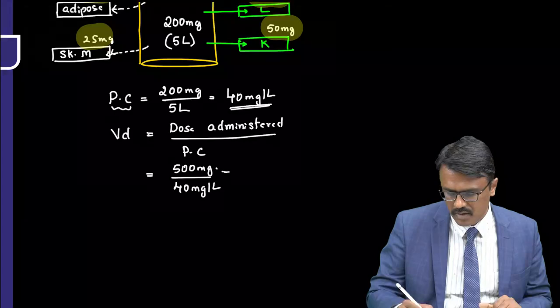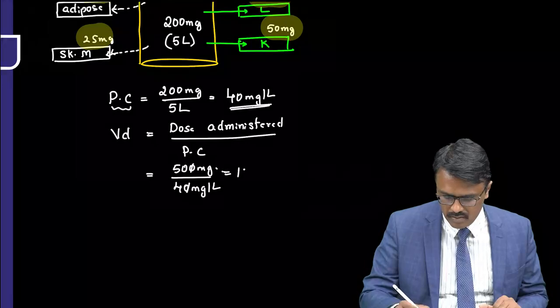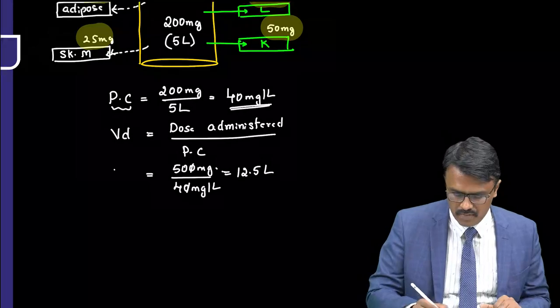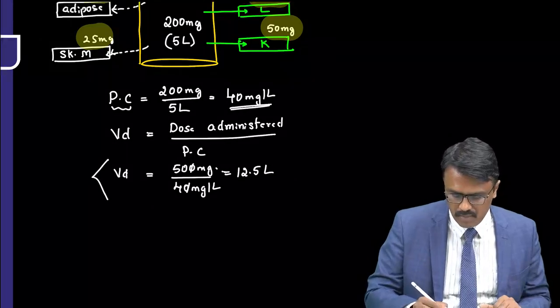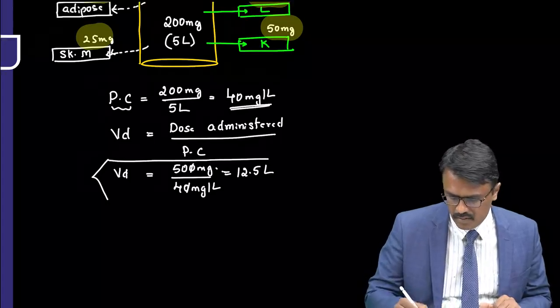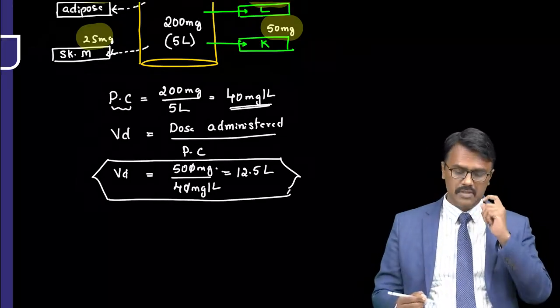Now can you tell me what is the volume of distribution? The 0 gets cancelled. It's around 12.5 liters. So the volume of distribution is around 12.5 liters.